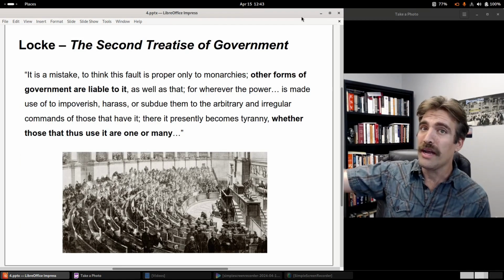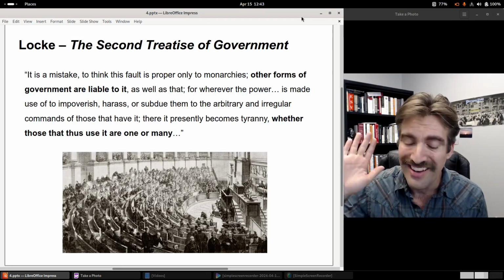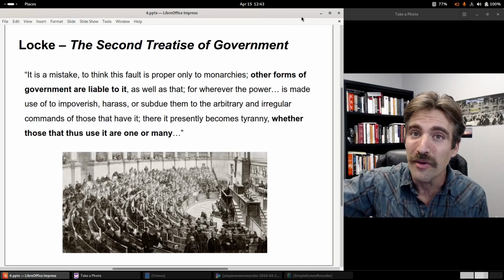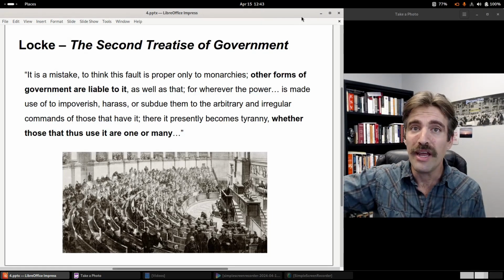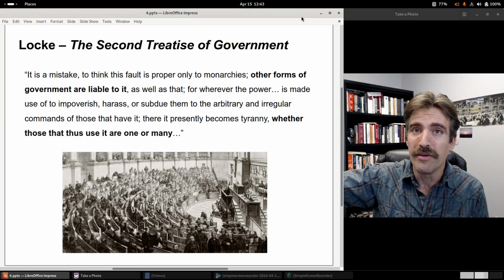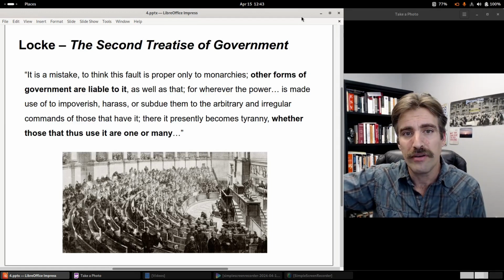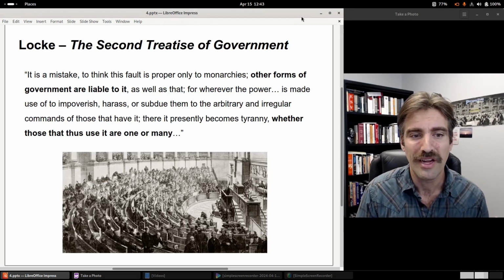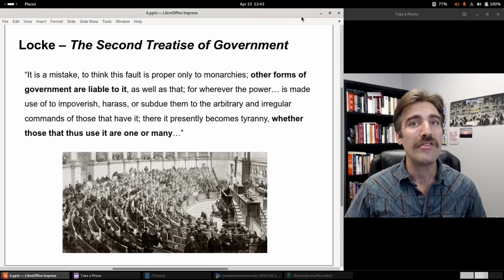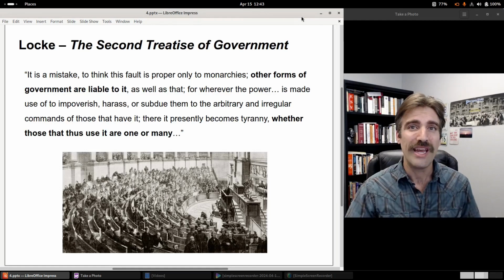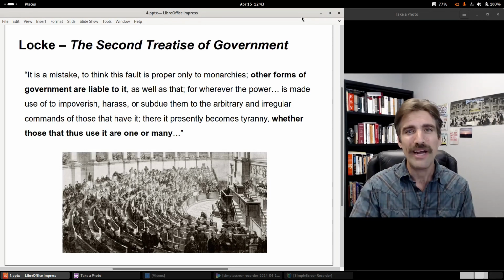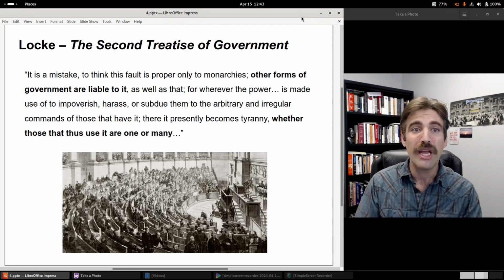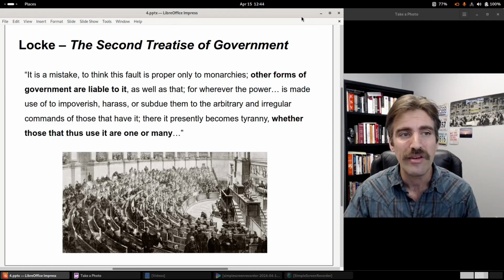And tyranny can arise from, it's not necessarily a monarch or even a head of state, an executive. No, tyranny can arise from other institutions within the government. Can even arise from a legislative branch. That's right, the legislative. Even a democratically elected legislative branch can devolve into a tyranny.